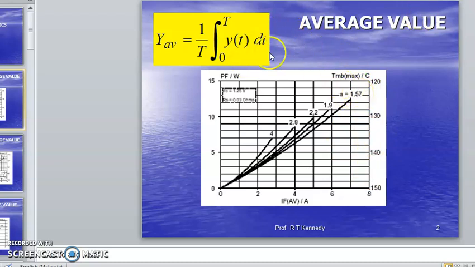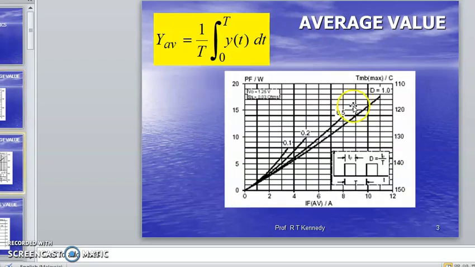You can see that the average value is equal to the amount that we integrate between 0 to the maximum time of the duration period. It will be referred to as average current, to compare how much the dissipated power of the device is. So this one is mentioned in terms of average current in terms of duty cycle.